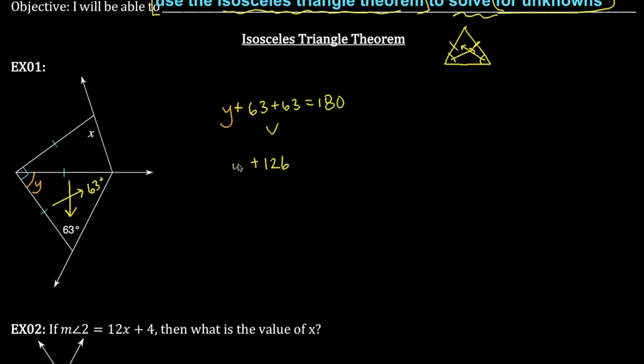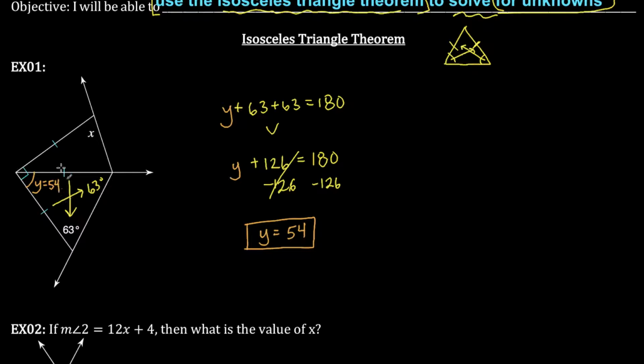So y plus 126 gives me 180. I take away 126 and I get y equals 180 minus 126, which is 54. So this is 54 right here.